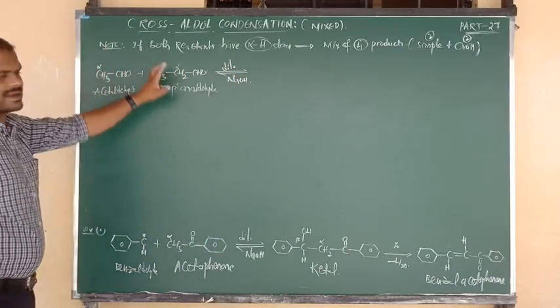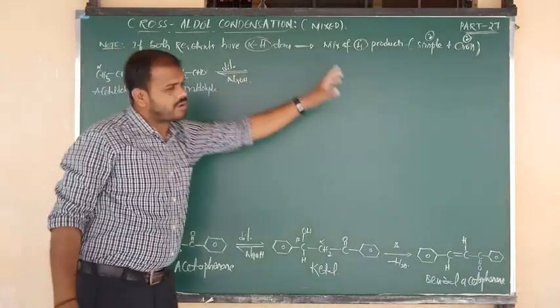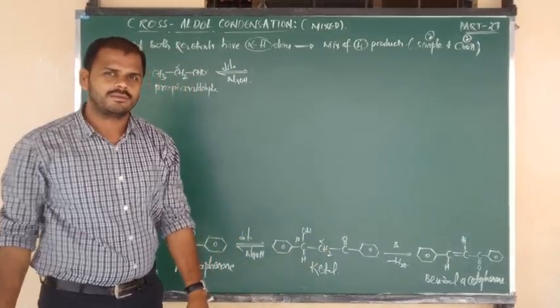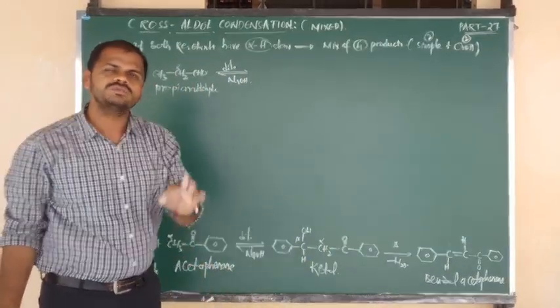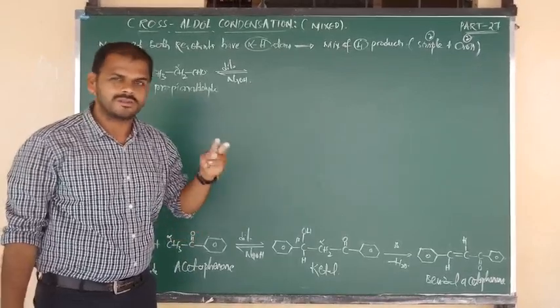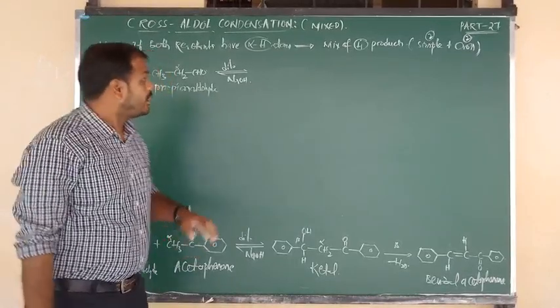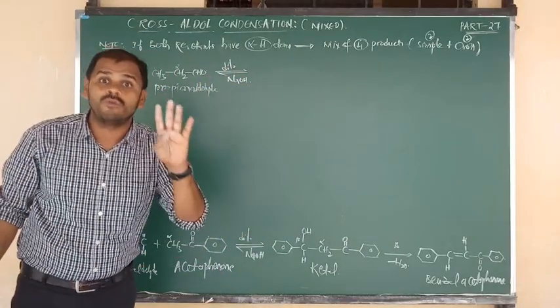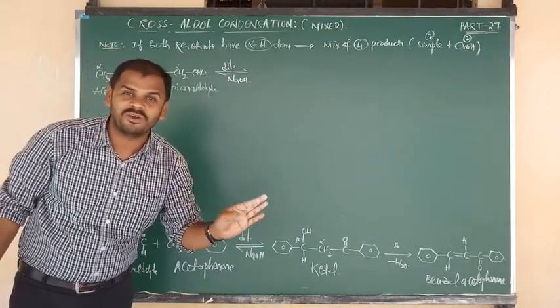So if both reactants have alpha hydrogen, in that case you are getting 4 products, 2 simple aldol and 2 cross aldol. Now let me write 2 simple aldol products, after that 2 cross aldol. Are you ready? So totally 4 products we are getting, meaning like this lengthy reactions we would have to write 4 reactions. But we don't need to write 4 reactions.